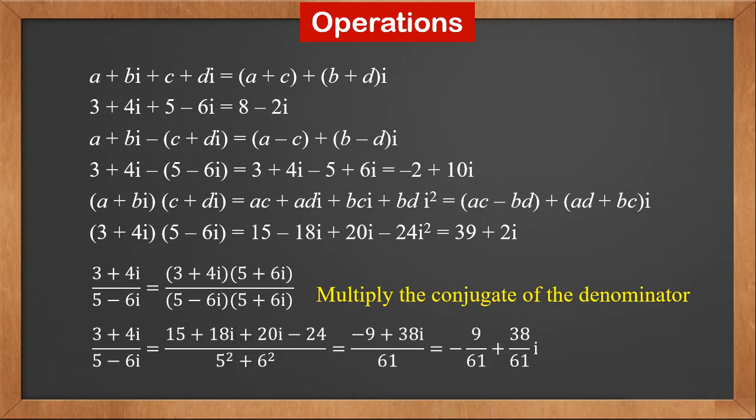The denominator becomes 5 squared plus 6 squared, which is 61. The numerator becomes 15 plus 18i plus 20i minus 24, which is -9 plus 38i. So the quotient is -9 over 61 plus 38 over 61 i.